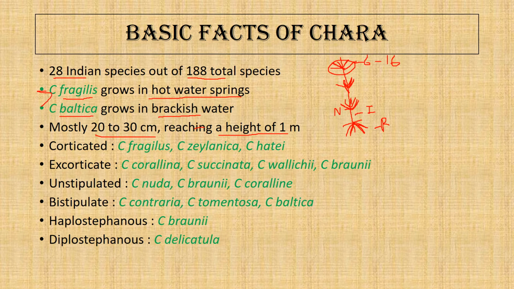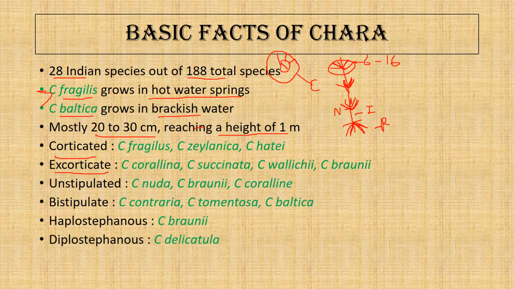Just as a reminder or revision, most species of Chara are corticated, but certain species are ecorticated. What do cortication and ecortication mean? The Chara species have two central cells surrounded by 6 to 20 peripheral cells.